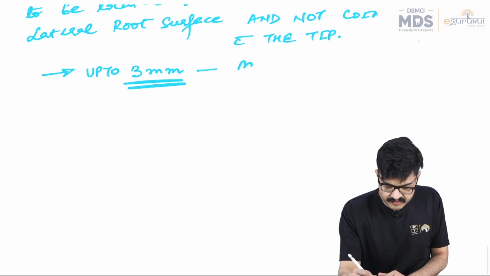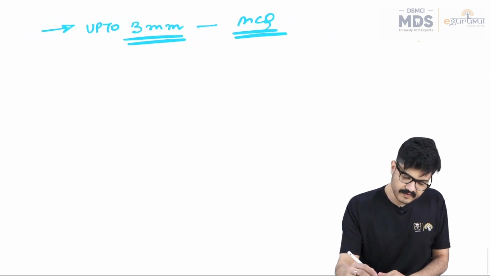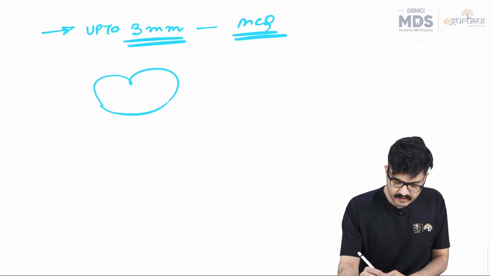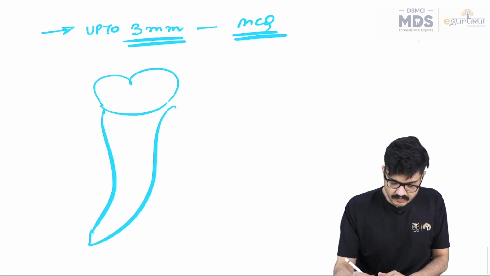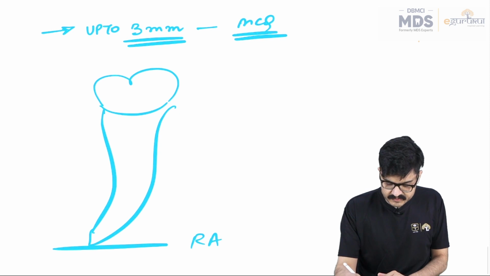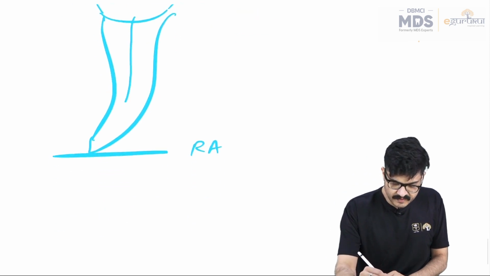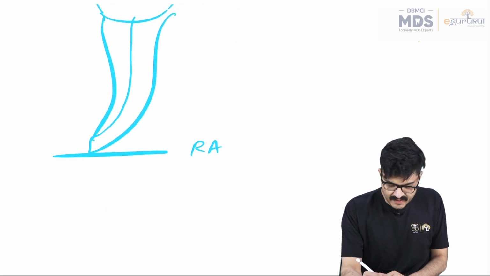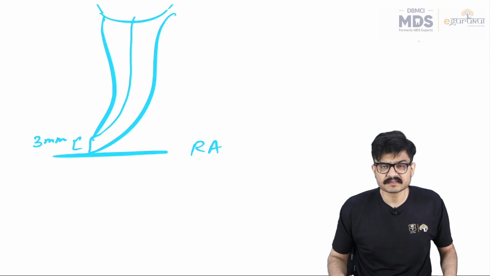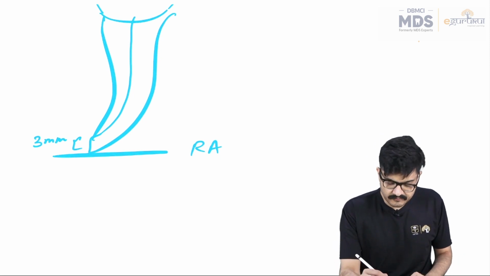That's an important MCQ, right? So if I draw this diagram here, this is my tooth, this is my radiographic apex, this is my root canal, and if it is exiting on a lateral root surface here, then up to 3 mm short of the radiographic apex, my apical foramen may be located.